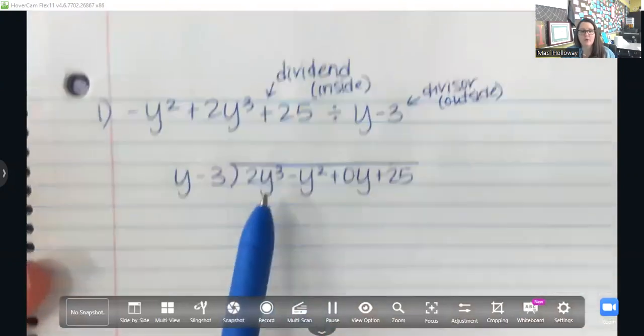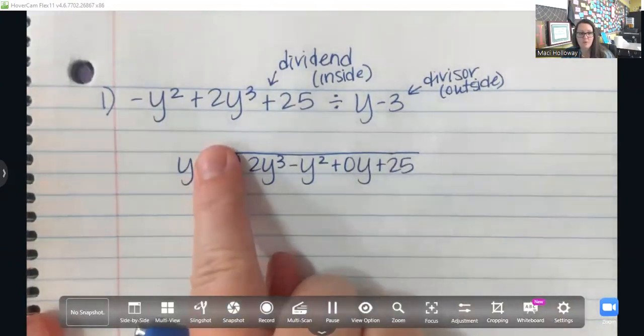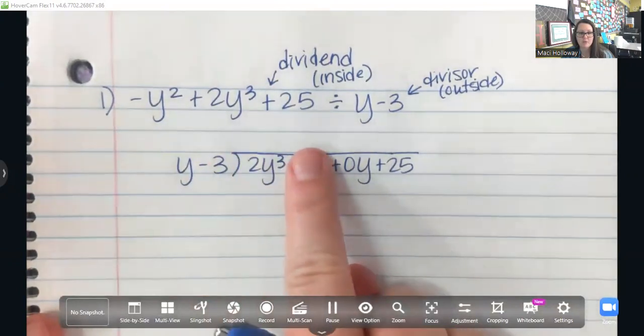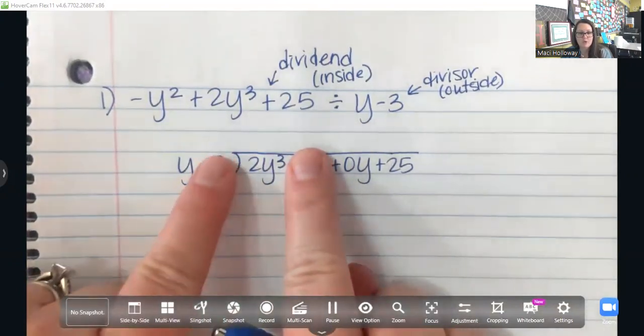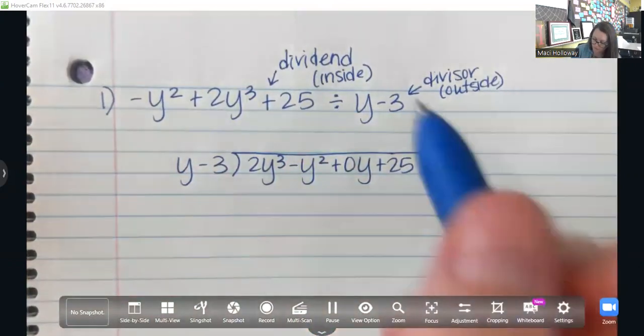When we're doing long division, we're going to follow some patterns that we learned when dividing larger numerals. I'm going to cover up my first one. I'm going to say y times what equals 2y cubed, or 2y cubed divided by y equals what.